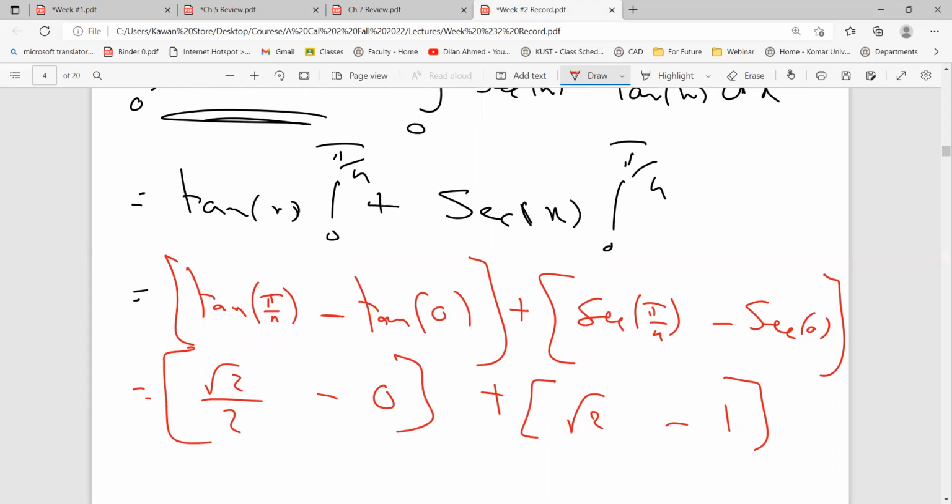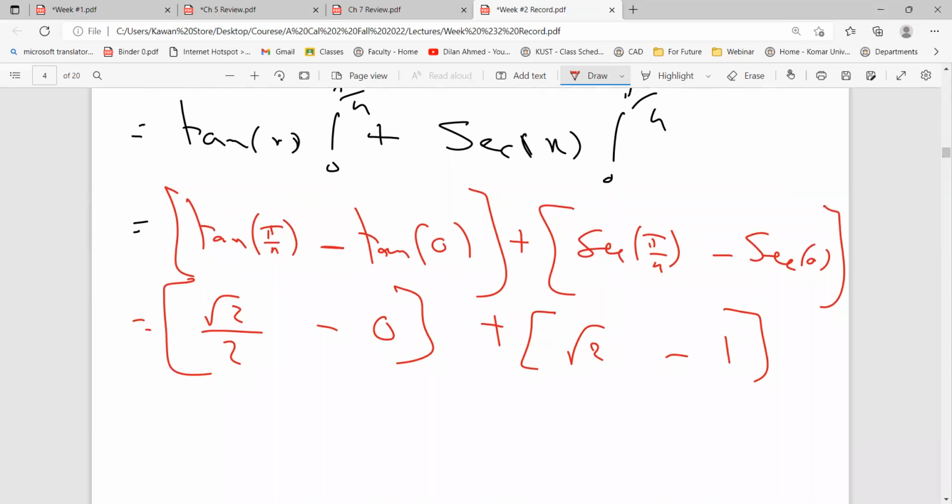And that's what we have. It is equal to 3 square root over 2 minus 1, something like that. Okay.